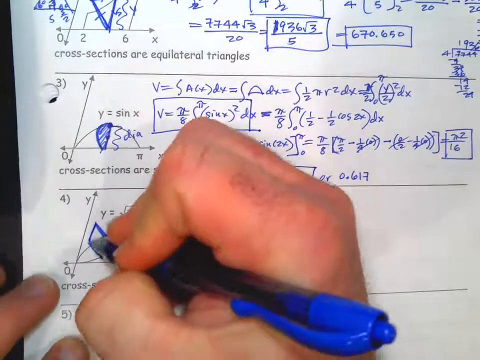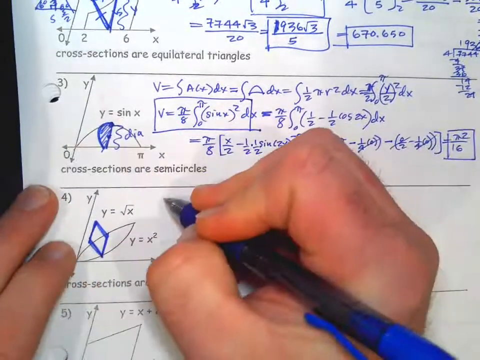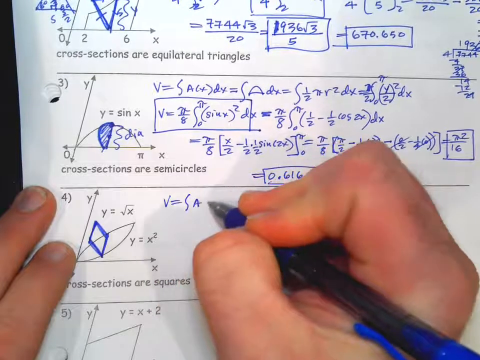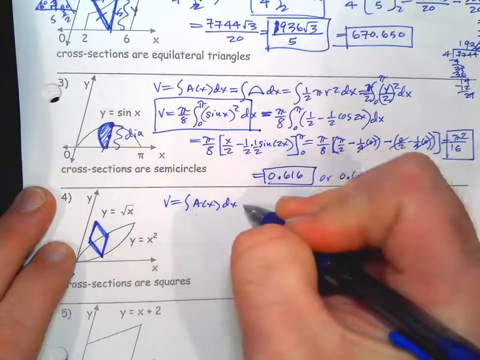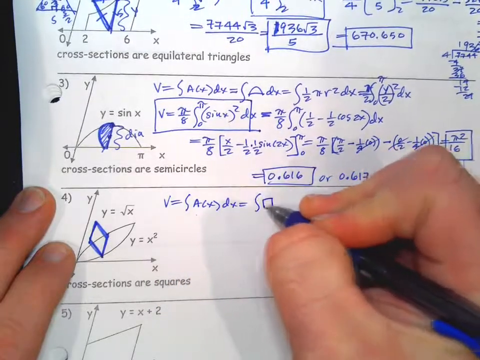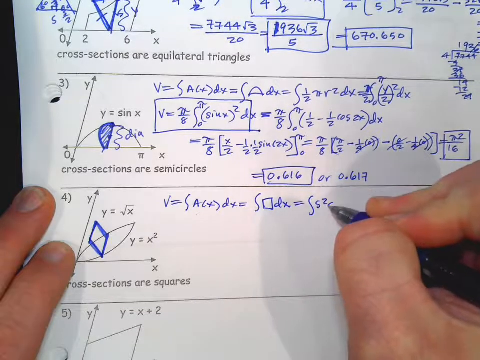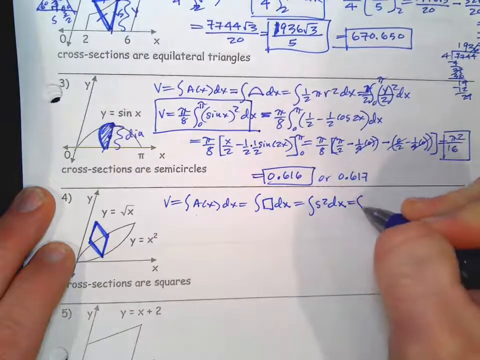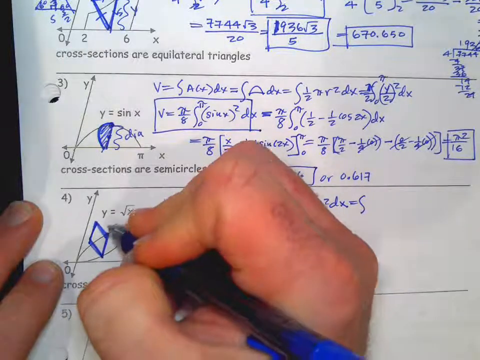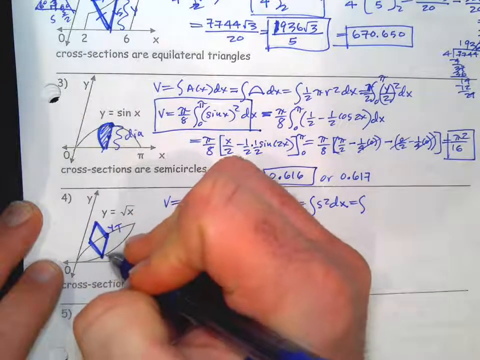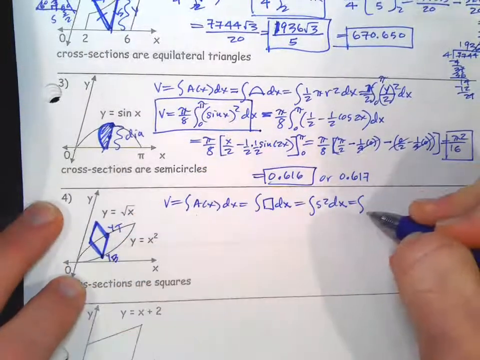Next one, vertical slices are squares. Okay, so that's one slice. So the volume is going to be some area formula in terms of x. It's going to be a square, which is side squared, which is y top minus y bottom in terms of x.